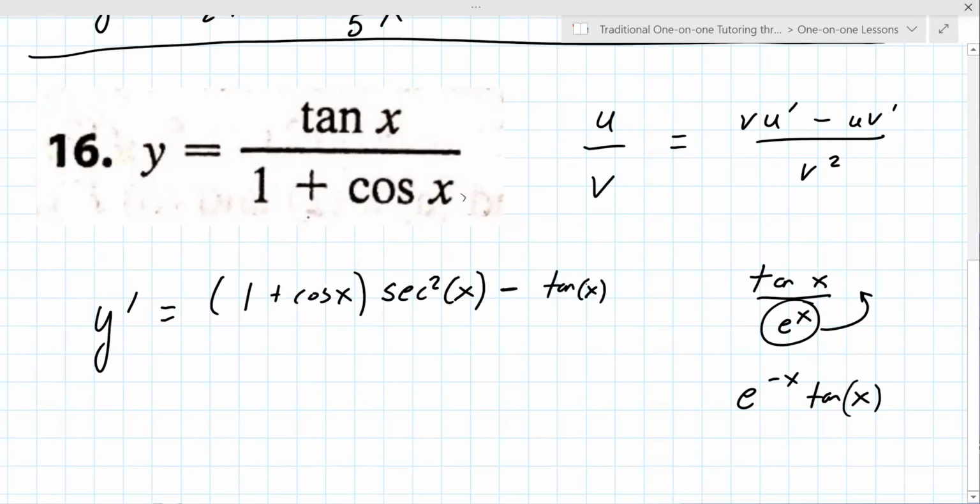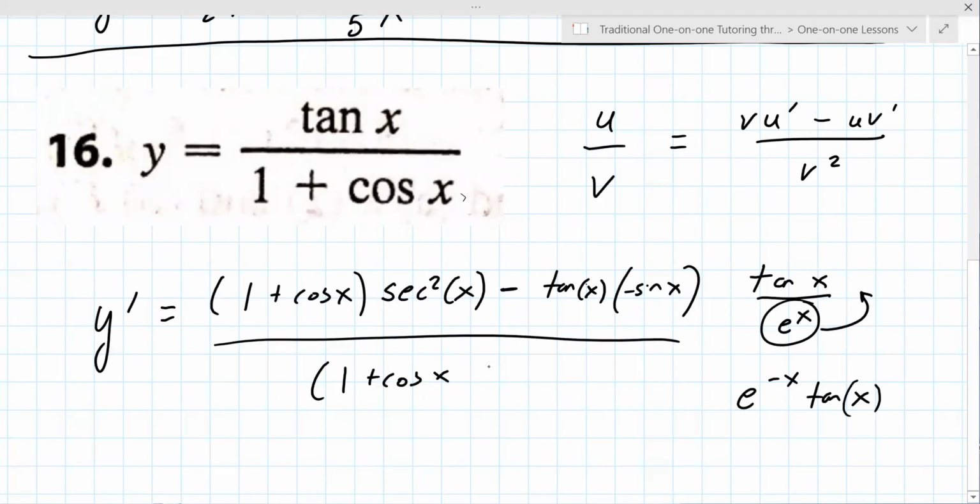And then what is the derivative of 1 plus cosine x? It'd just be negative sine x. Negative sine x, yeah. All over 1 plus cosine x squared. That's the final answer. Yes. Alrighty. Is that okay? Yes, that's okay. I understand that.